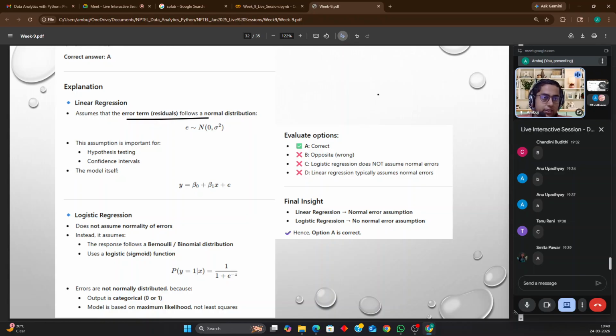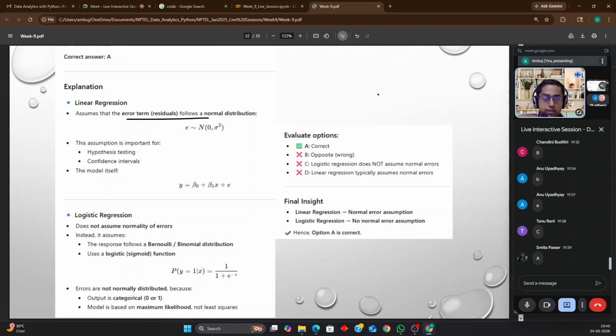The residuals will follow a normal distribution with a mean of zero and a variance of sigma square. This assumption is important for hypothesis testing and confidence intervals.